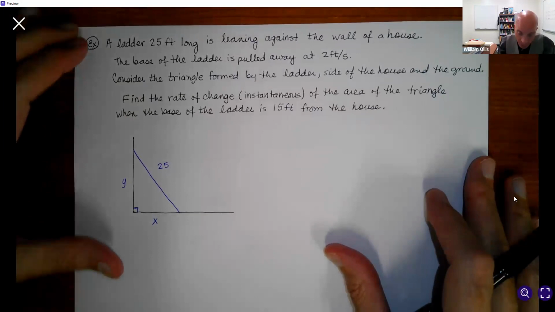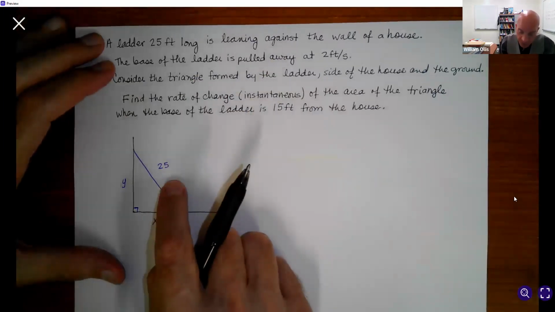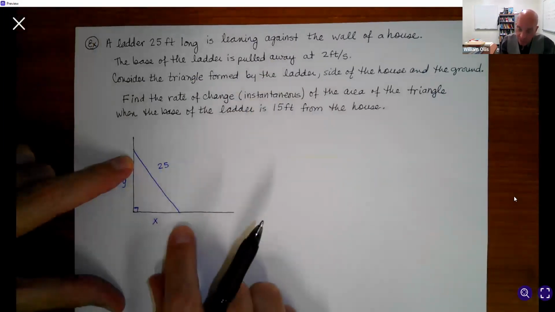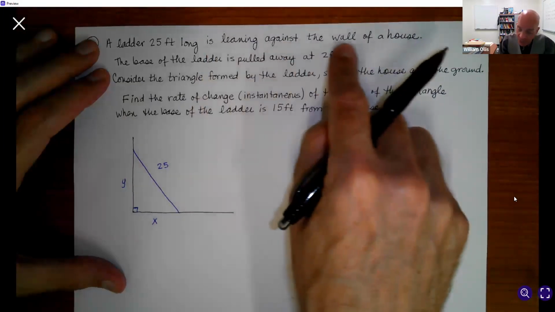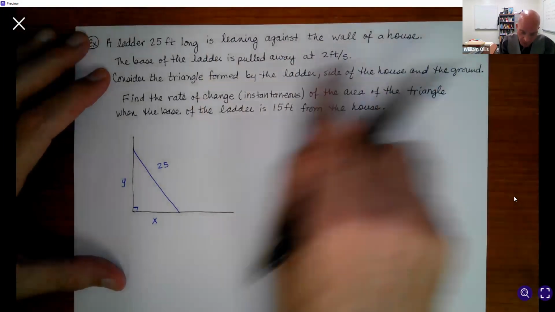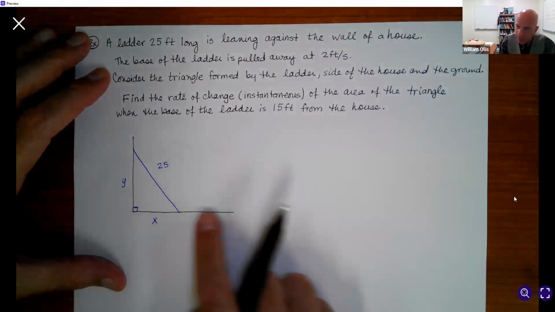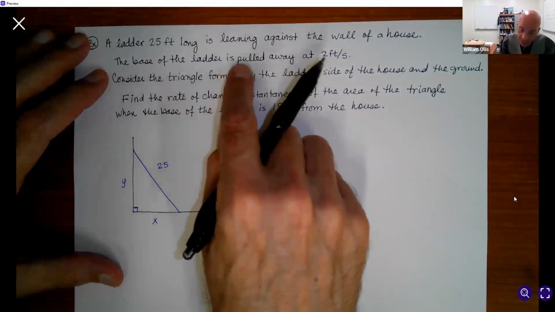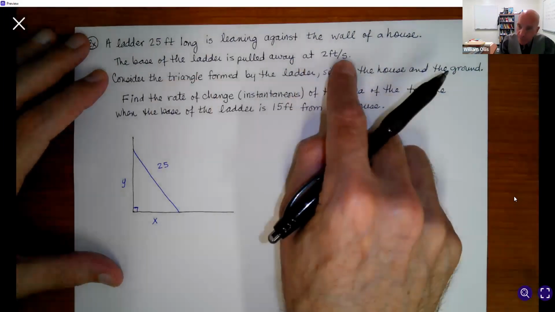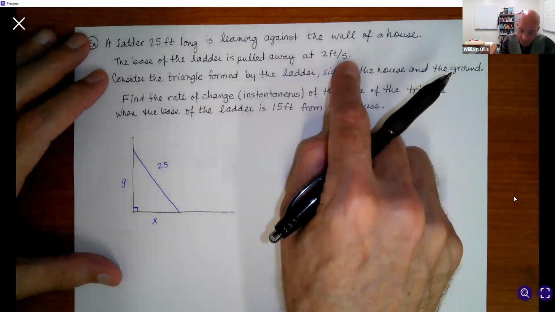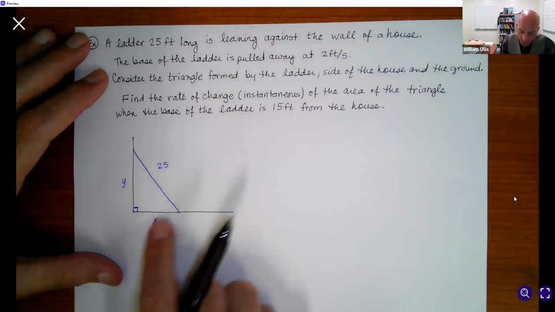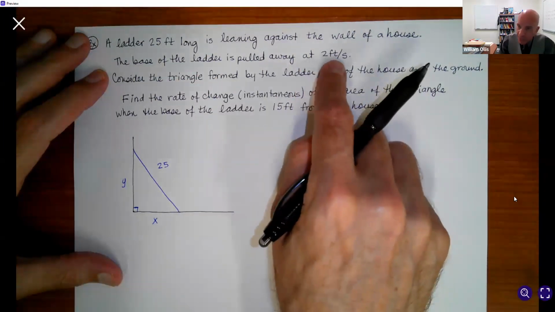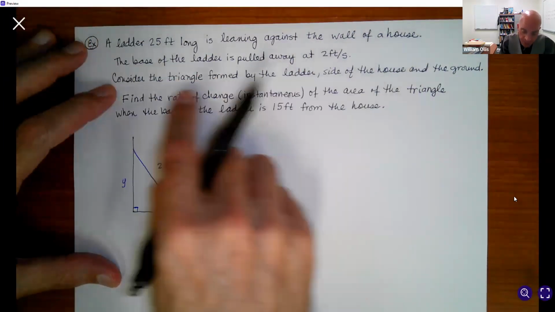So now we have a ladder that is 25 feet long. Notice I have a diagram here, leaning against the wall of a house. So again, just a very meager diagram, but it gives us all the geometry we need. The base of the ladder is pulled away at 2 feet per second. Okay, so we're going to label, I'll say more about that, and then of course this will be a given condition.